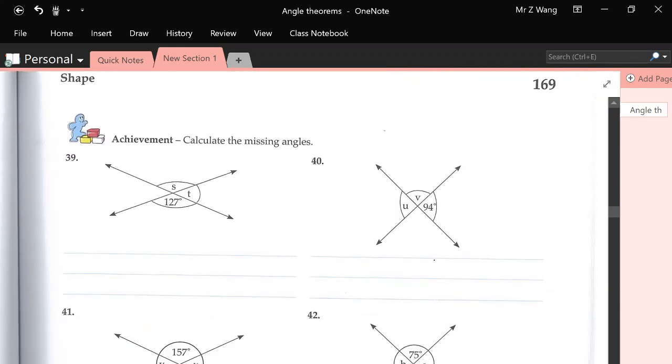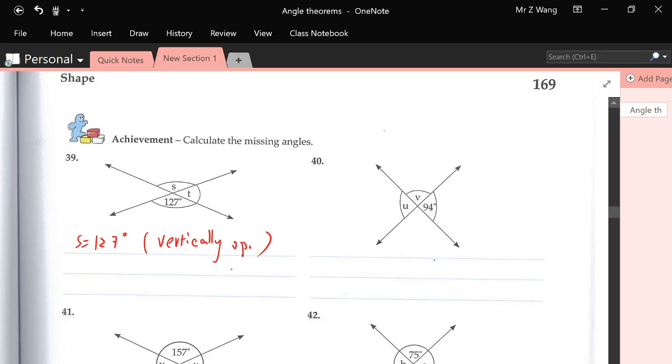This one moves on to the next theorem, which is vertically opposite angles. You see, these are two straight lines cutting each other, right? And these are opposite. They must be two straight lines, right? And then this is 127, so S is also 127. Now, the reason is vertically opposite, right?